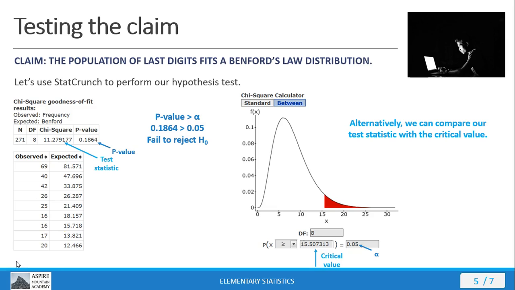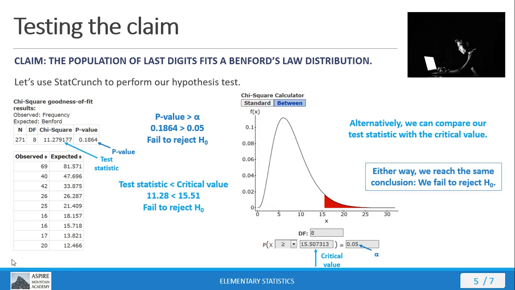So when we compare with our test statistic, 11.28 puts us outside the region of rejection and outside the critical region. Therefore, we fail to reject the null hypothesis. Either way you go about it, you get the same conclusion. You fail to reject the null hypothesis.